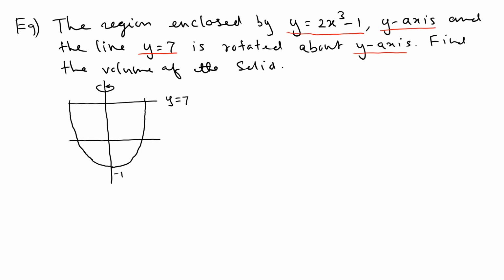So as before, we need the radius. So let's mark the radius now. This is the radius we are looking for, and that's the typical cross section, cut perpendicular to the axis of rotation. So the radius is this.